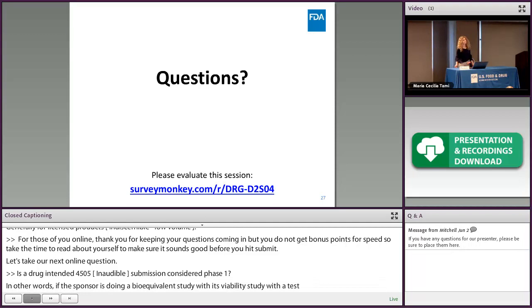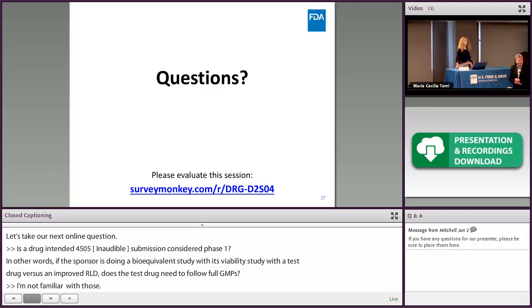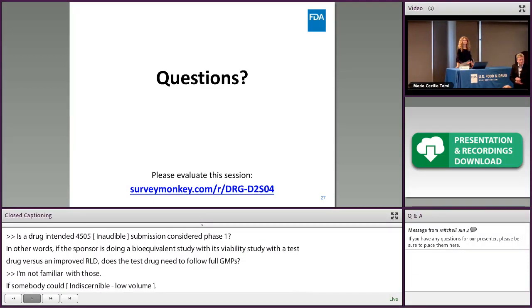I am not familiar with bioequivalence studies. If someone can chime in, I do mostly BLAs. My guess is yes, but we don't seem to be getting any takers in the back of the room. That'll be a great question to resubmit to CDER SBIA at fda.hhs.gov.